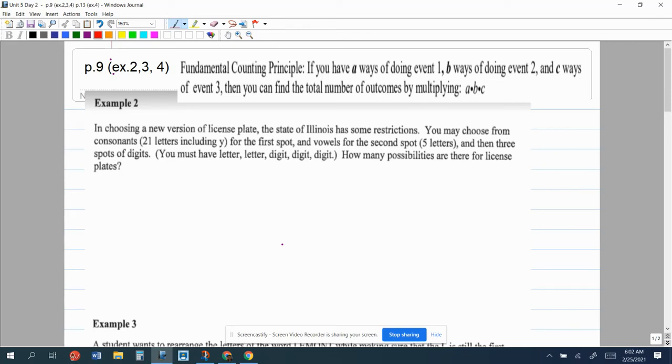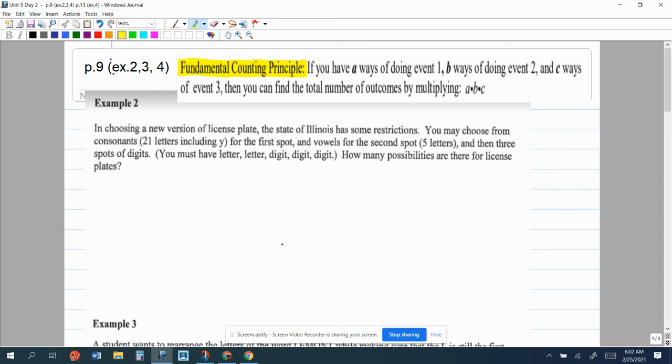All right. I wanted to give some voice to a few examples, and I want to illustrate or talk about this thing called a fundamental counting principle and go through some examples in which it's used.